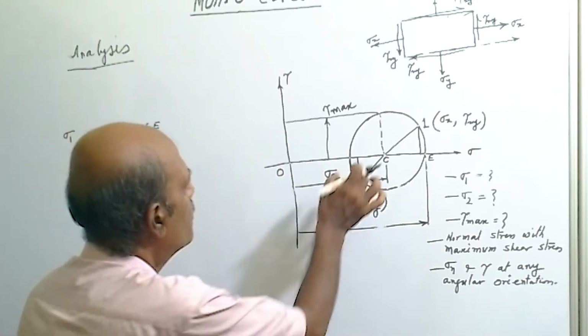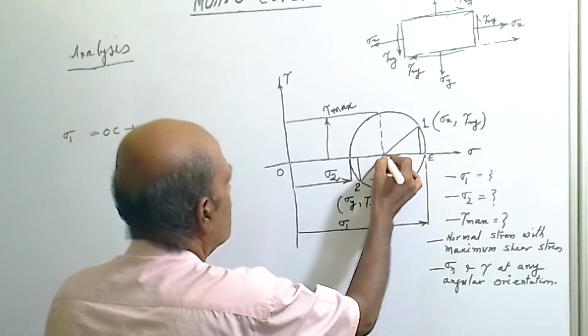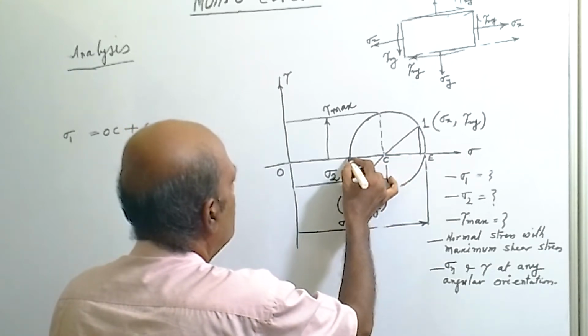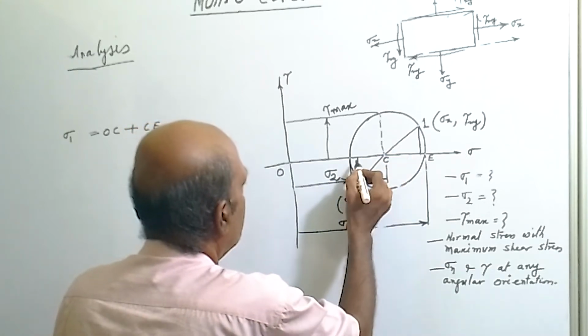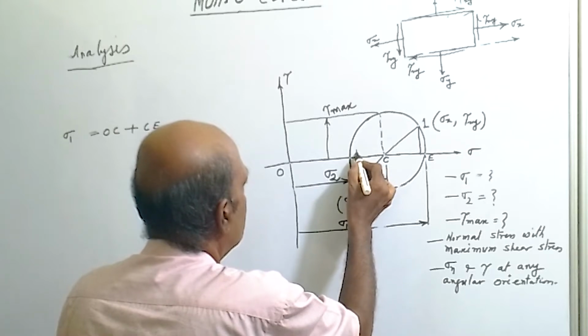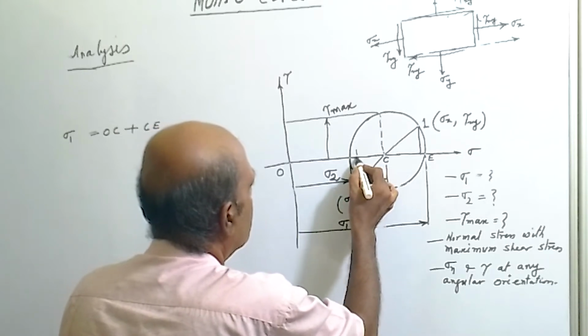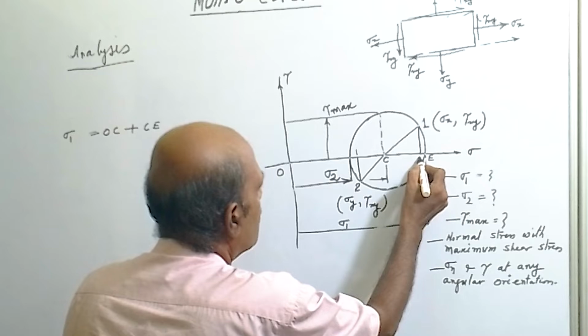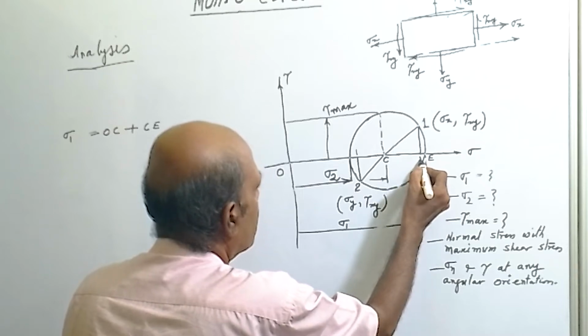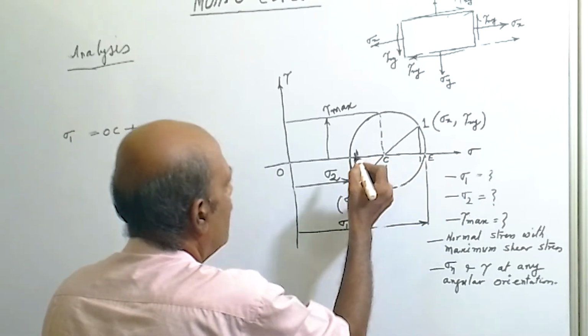Now what is OC value? Now OC value is sigma y, up to this it is sigma y and this value. So up to this it is sigma x and up to this it is sigma y.